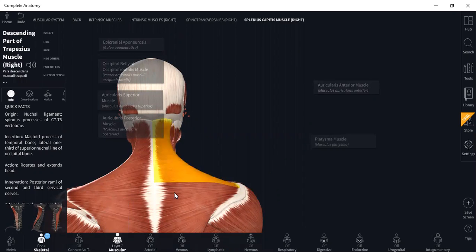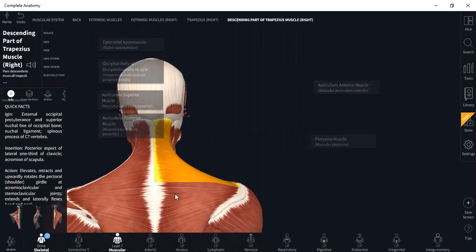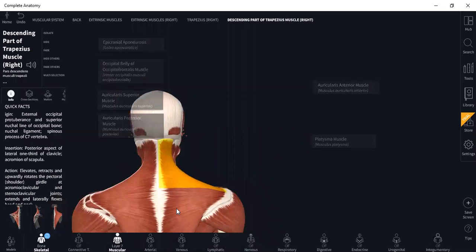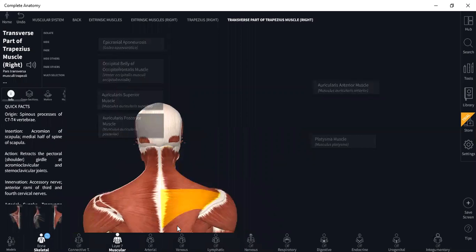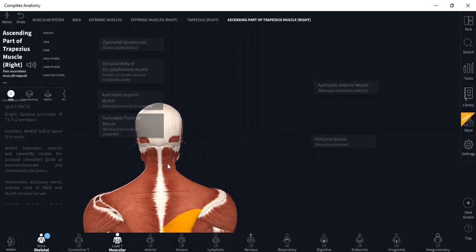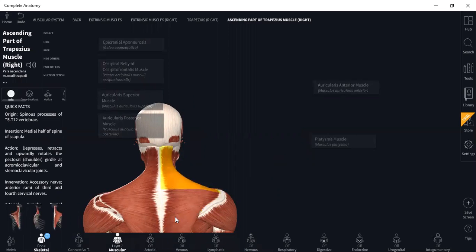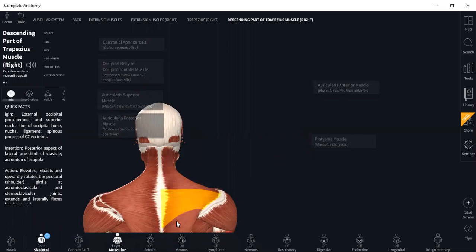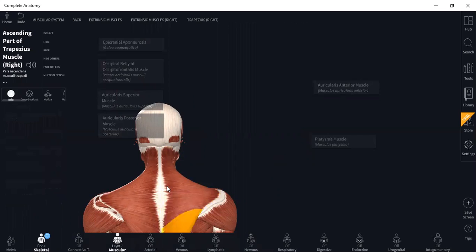Trapezius is a large muscle that has 3 parts. The upper part, shown in orange, will also extend the head at the neck joint. But all 3 of these sections are included in the trapezius muscle.